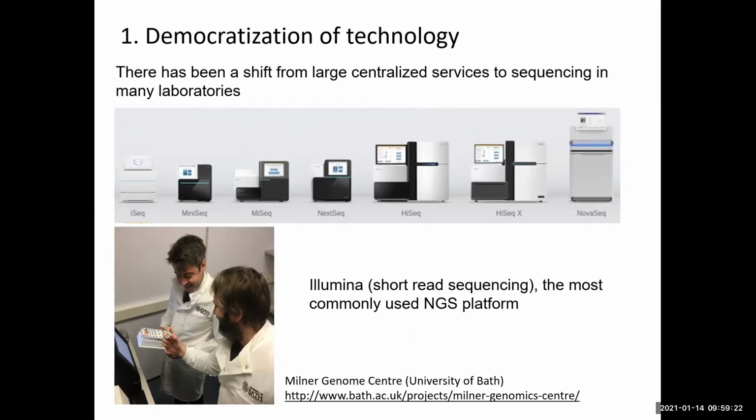The third one in from the left, the MiSeq, is actually very common in laboratories all around the world, with other larger instruments tending to be in more specialist laboratories. And here's just a little gratuitous picture of me, but this is a familiar picture for many of you who have a sequencer in your lab. So I've called that the democratization of the technology.